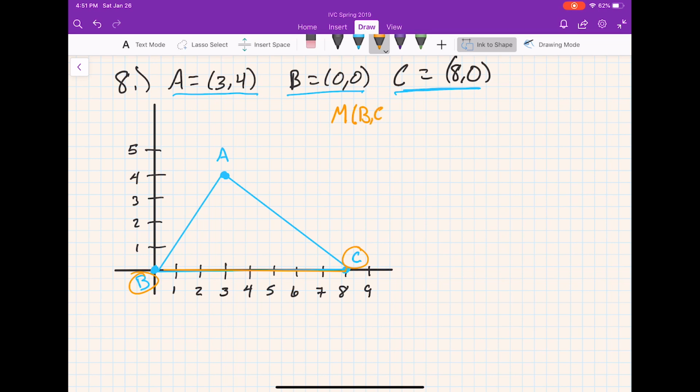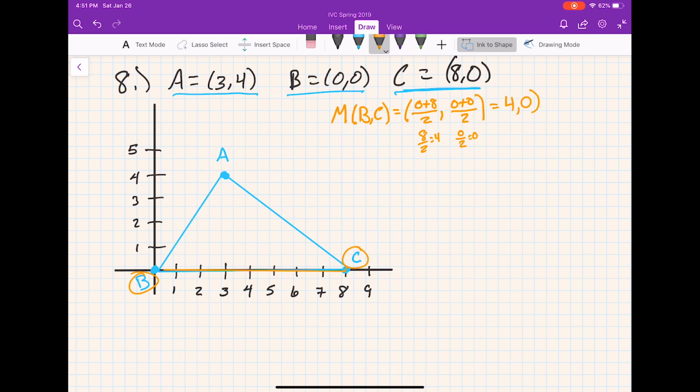We put all this information in: 0 plus 8 over 2, comma, and then 0 plus 0 over 2 for our other coordinate. 8 divided by 2 is 4, and 0 divided by 2 is 0.